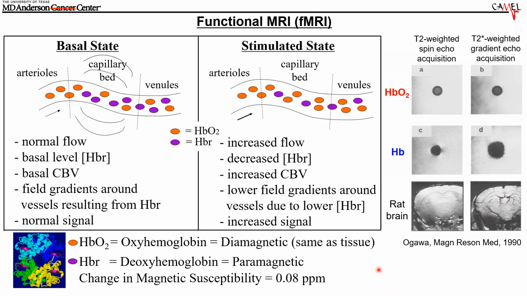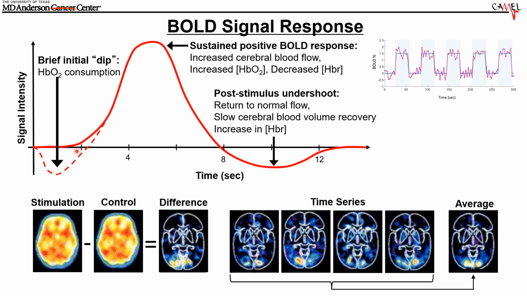Well, we use this to our advantage. Again, the paramagnetic deoxyhemoglobin is dark, while the diamagnetic oxyhemoglobin is bright. So therefore, by having oxygen flow into an area, perfuse into an area of your brain that is thinking and metabolically active and then consuming oxygen, the signal will go up.